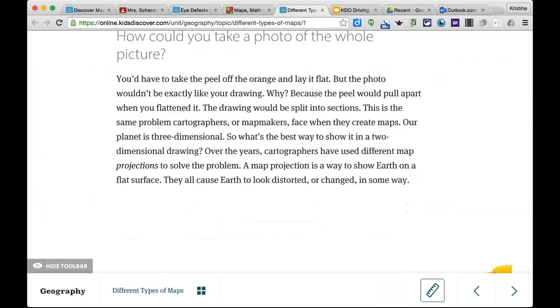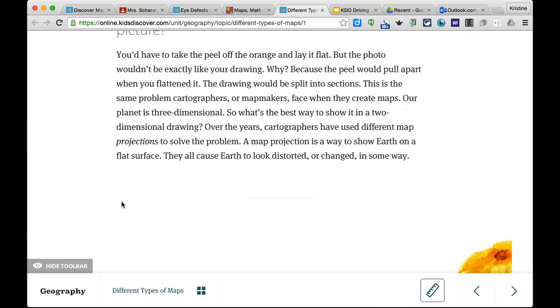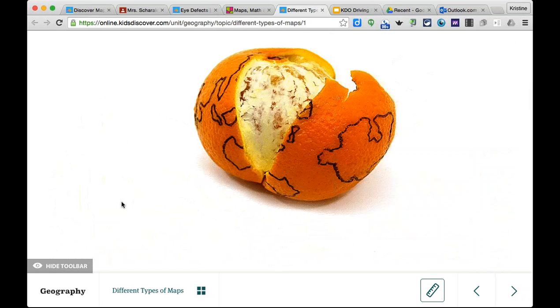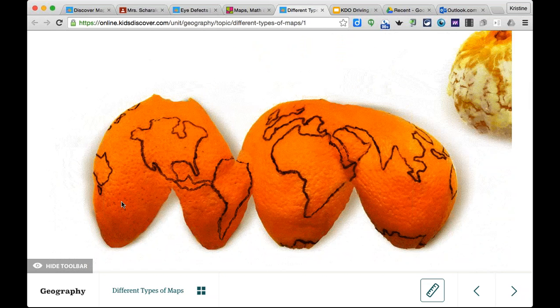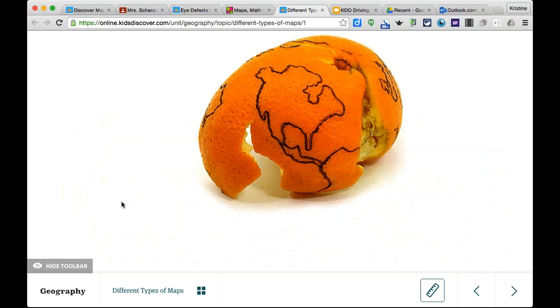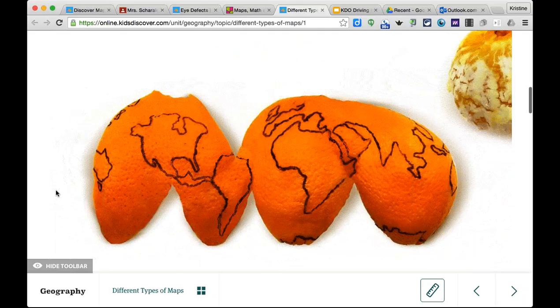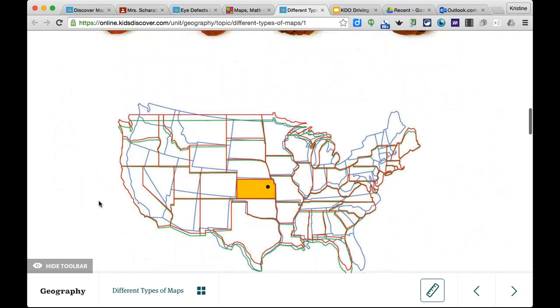So this is really great because the students were given a familiar object like an orange, and understanding how if you took a three-dimensional sphere, had a map on it, and then tried to make it flat, parts of the map would need to be pushed down or distorted. So this is the kind of content that the students can engage in.